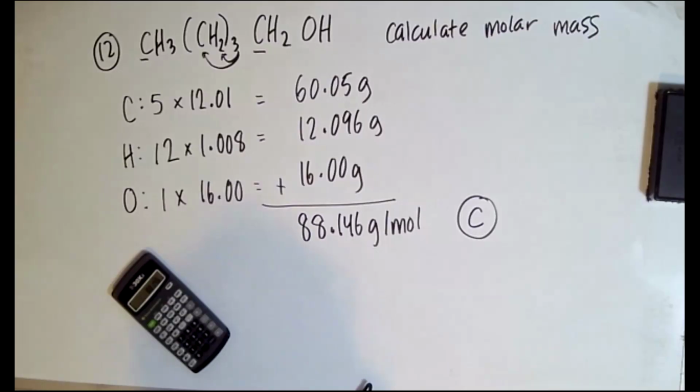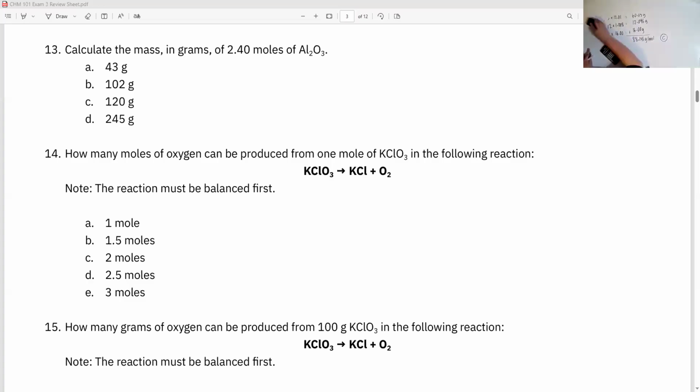Right, let's take a look at question number 13. It's asking us to calculate the mass in grams of 2.40 moles of aluminum oxide.